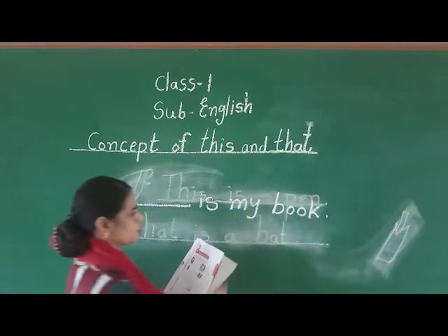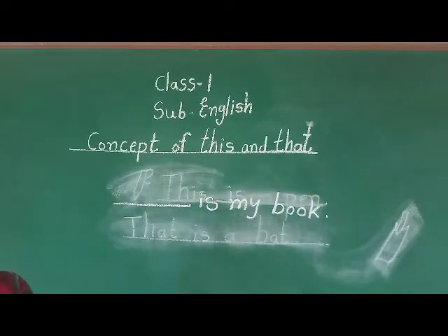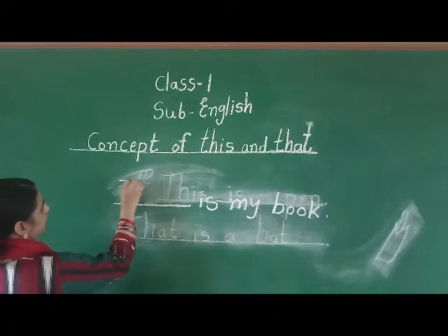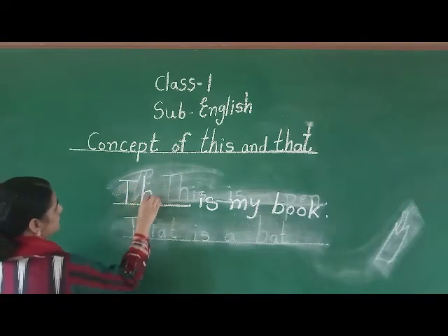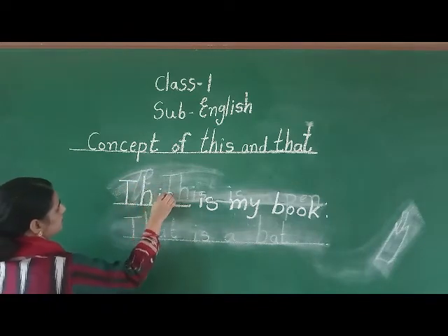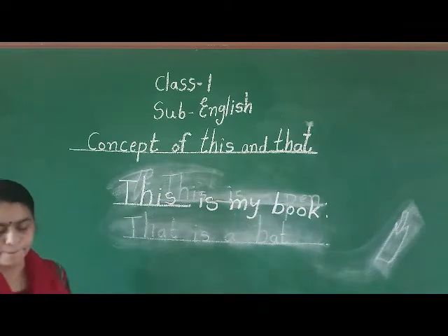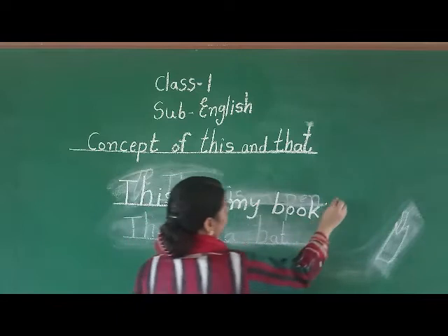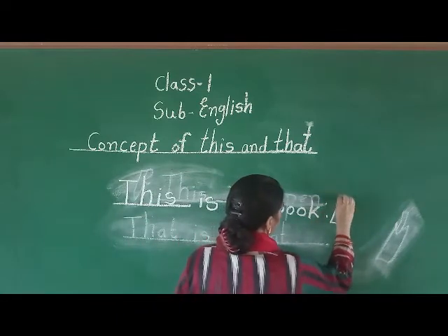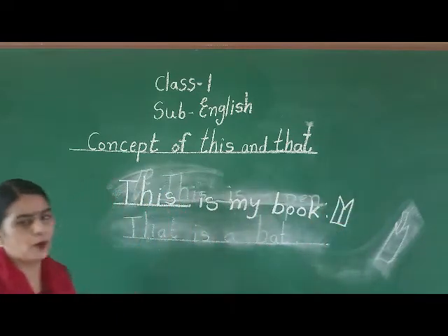Full stop. So what will we write here? It is nearby us. So right now we will write this, T-H-I-S. This is my book, because only one book is there and it is nearby us.